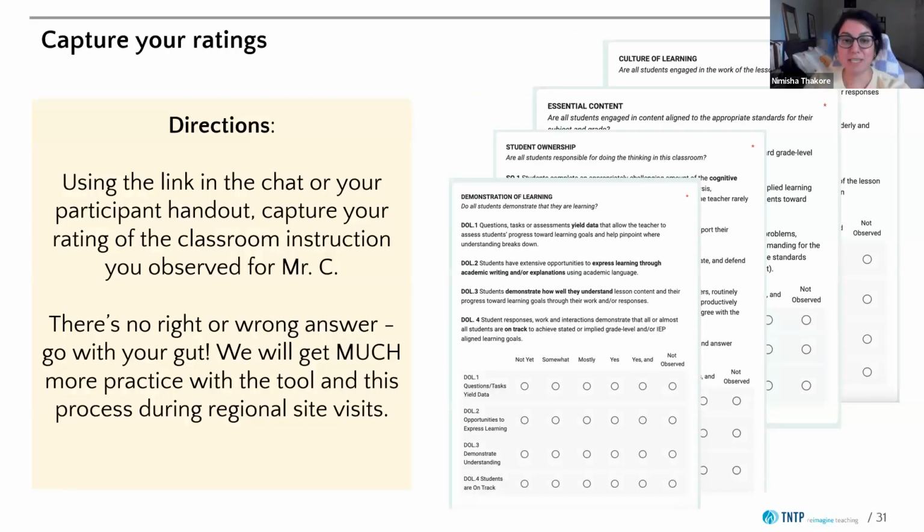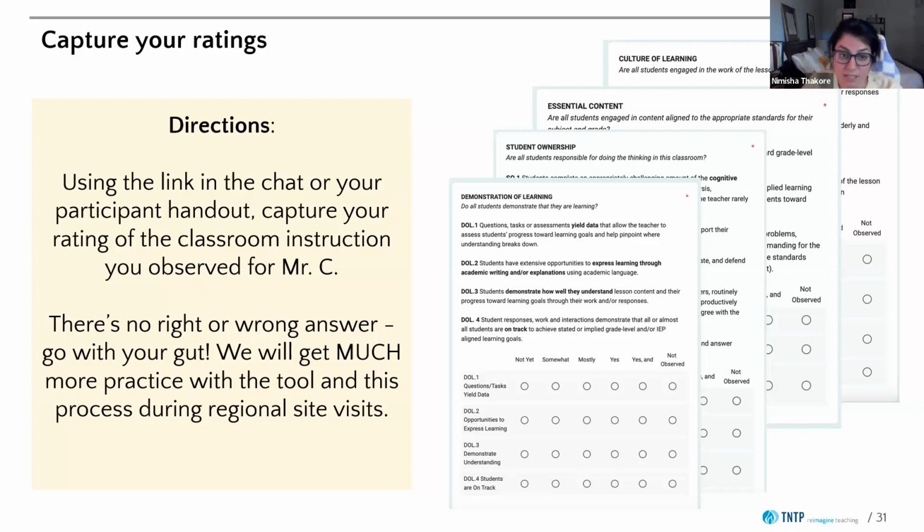Before we talk about it, we're going to give you 5 minutes on your own to process and gather your notes about what you just observed, and use the link that we'll drop in the chat, but it's also in your participant handout. There's a link to a Google form where we'd love for you to submit your ratings of this 15-minute observation.